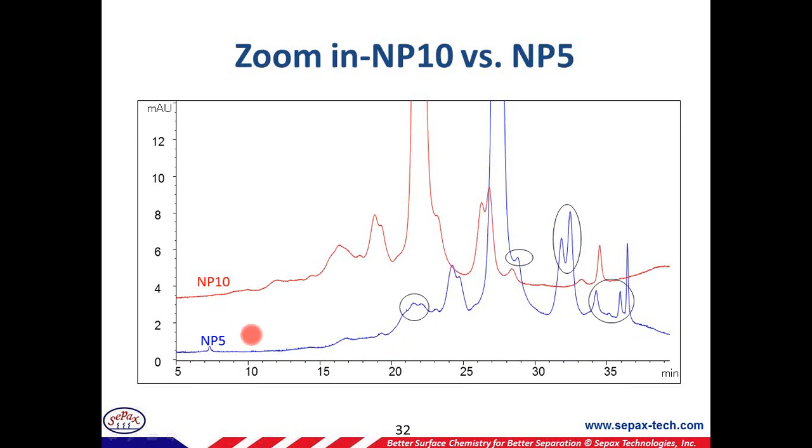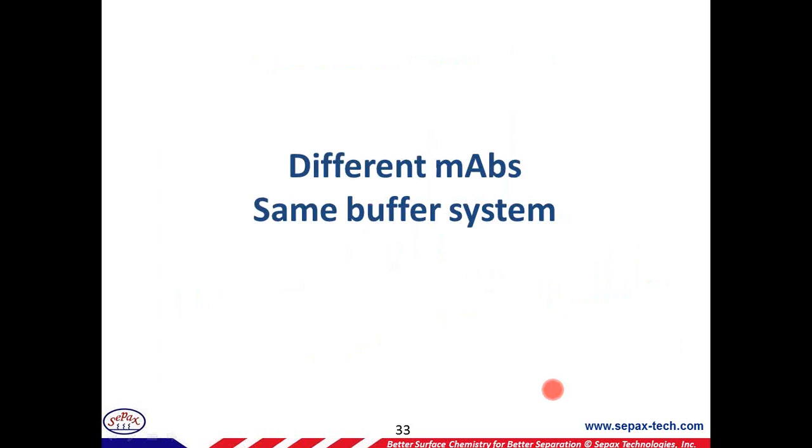With the smaller 5 micron particle size, we achieve much better resolution of all these variants. So a smaller particle size will give you better resolution. But if you already have satisfactory results with 5 micron or 10 micron, that's fine. If you want to achieve higher resolution, you may try a smaller particle size.